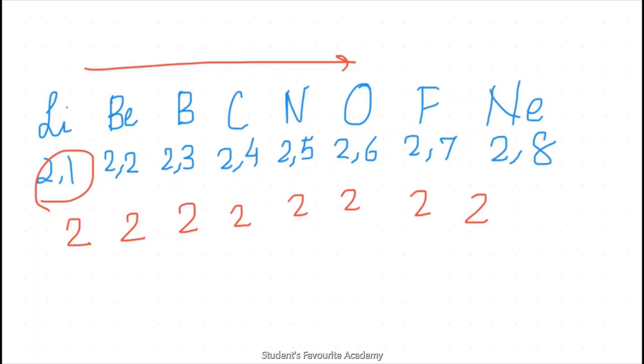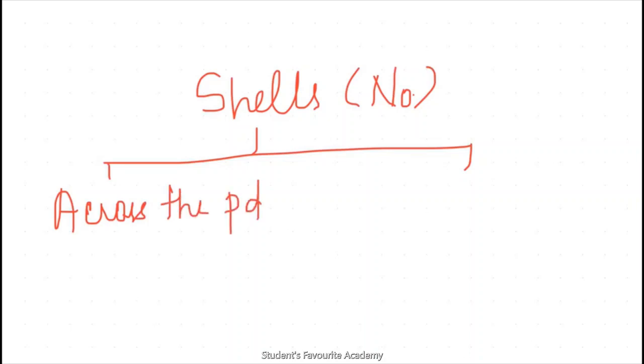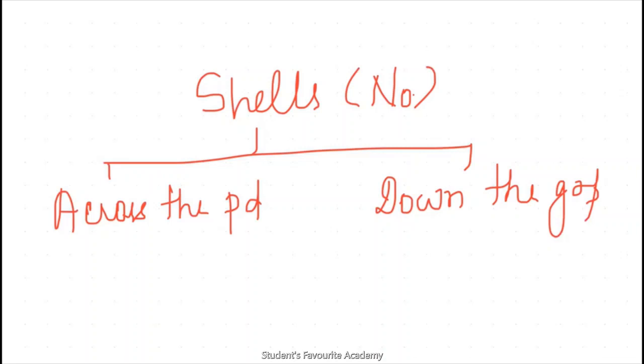So what is the conclusion that we are drawing about the number of shells, children? In order to summarize this, I can write down like this: shells, or else you will write their number. So across the period, what happens? And then the second thing is down the group. As we discussed, across the period, the number of shells tends to remain same.